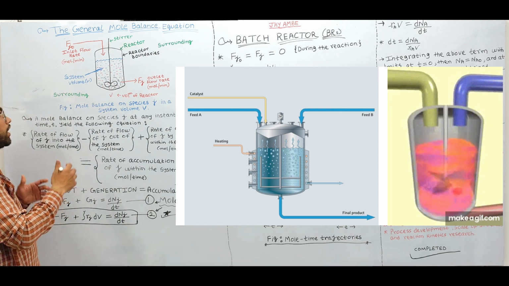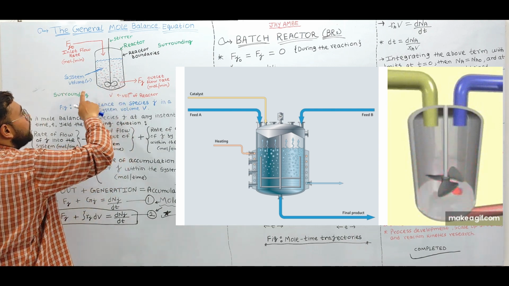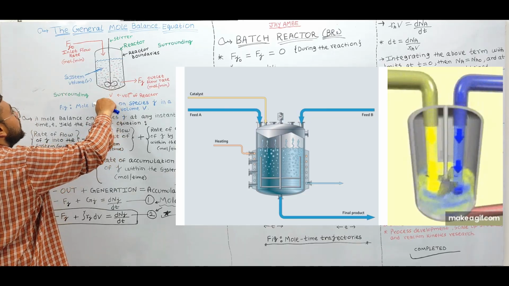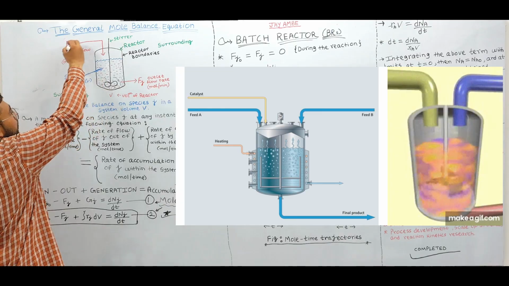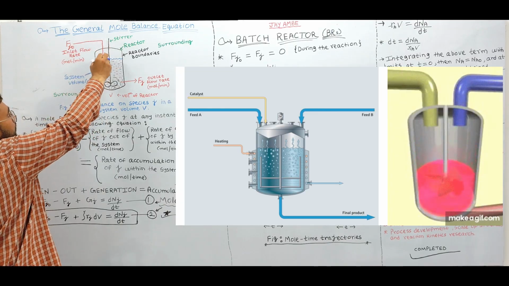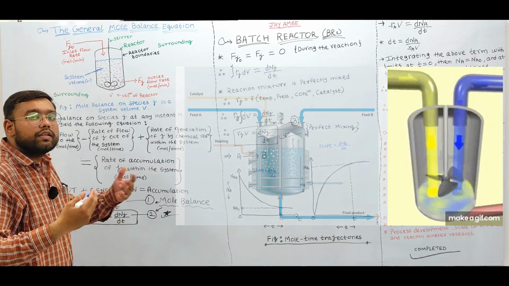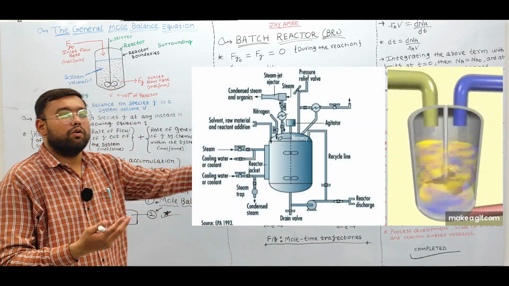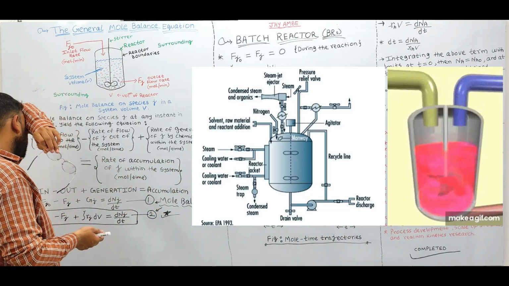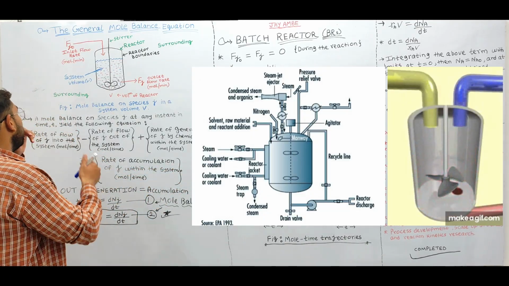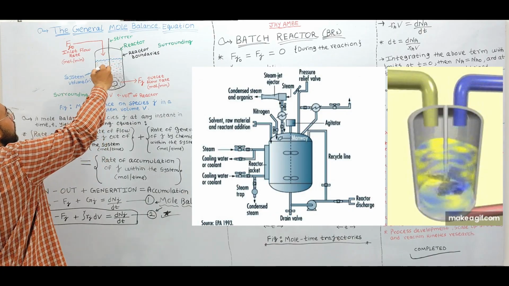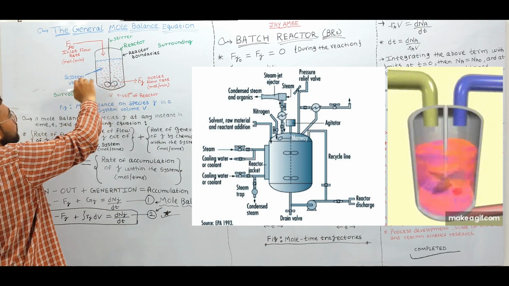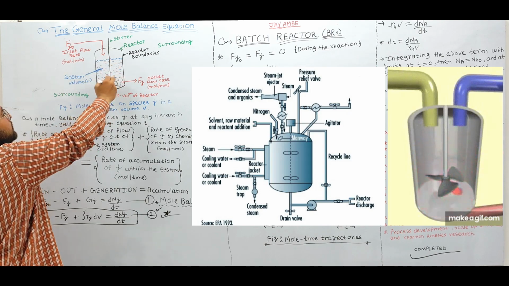In order to understand the batch reactor, we have the volume of the reactor in which we feed the reactants. The reactants may consist of any reactant species, or also solvents, or also the catalyst. So the reactants, solvent and catalyst are placed inside the system volume where the reaction takes place.